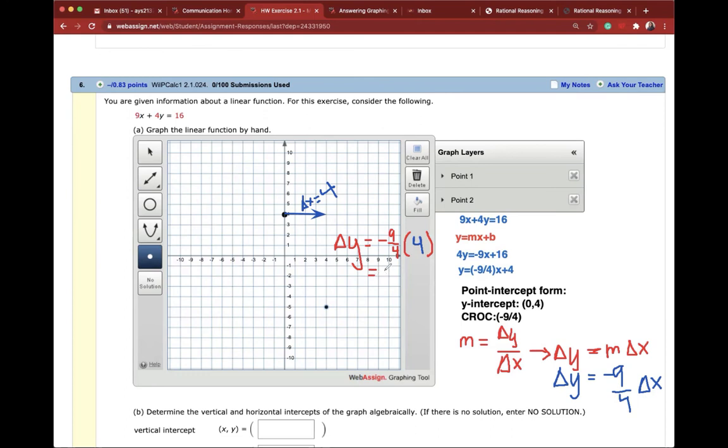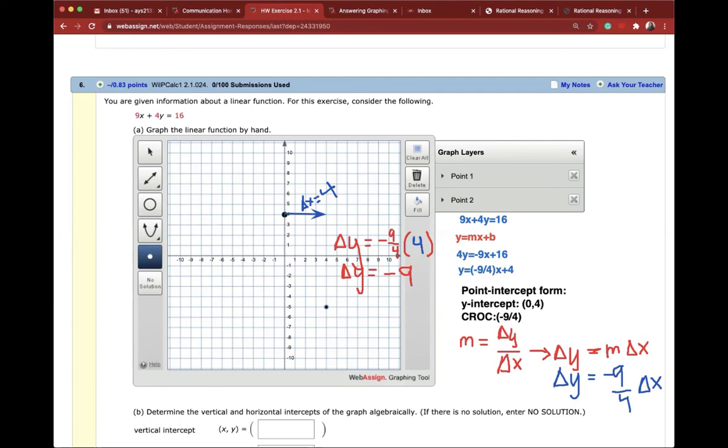If you did it yourself, hopefully you got negative 9. So delta y is negative 9. Remember, delta y is the change in y.